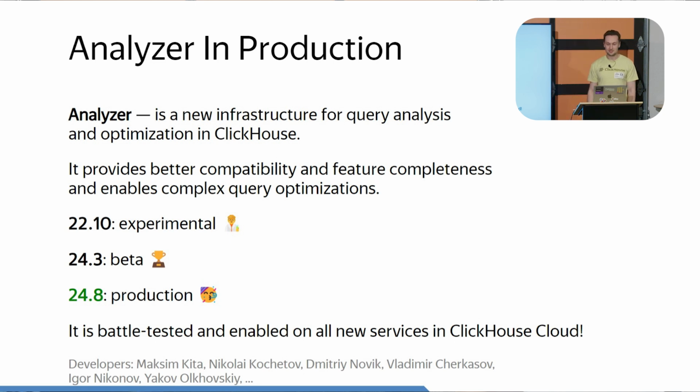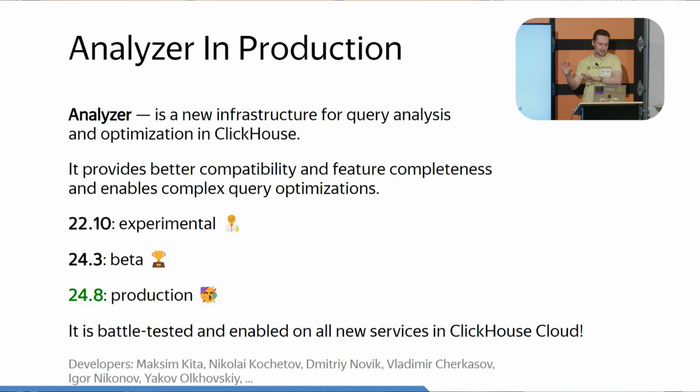Analyzer is a new infrastructure for query analysis and optimization. It unlocks many possibilities to optimize queries. It already gives benefits in compatibility. Some queries just did not work before we introduced Analyzer. And you do just a small setting change.